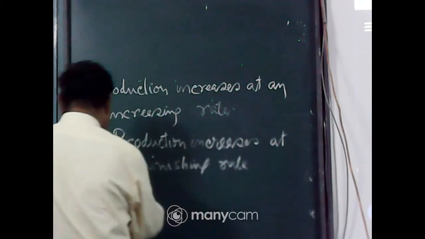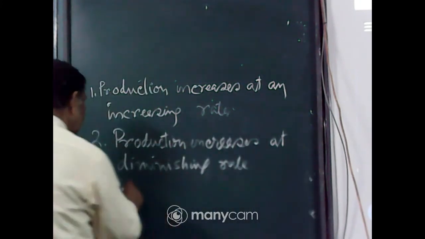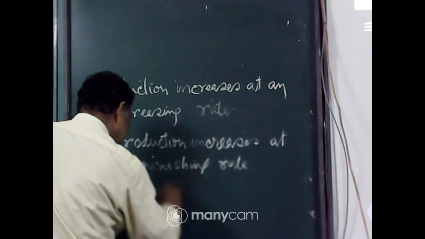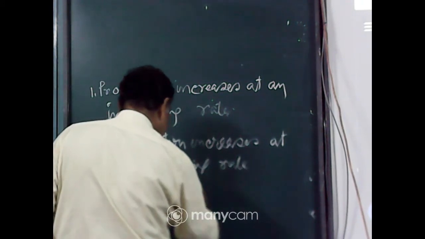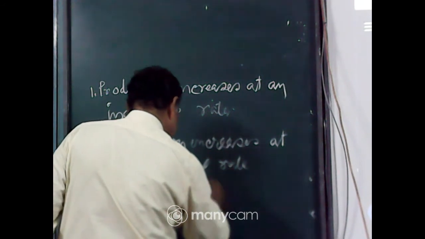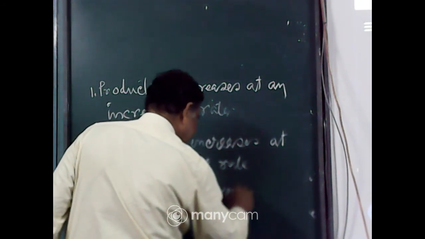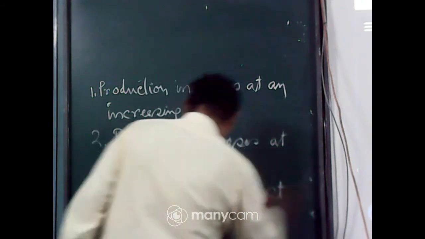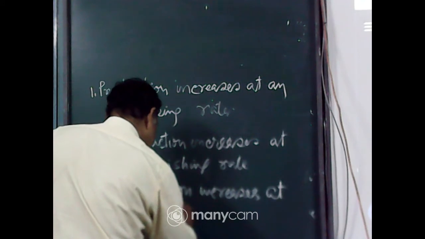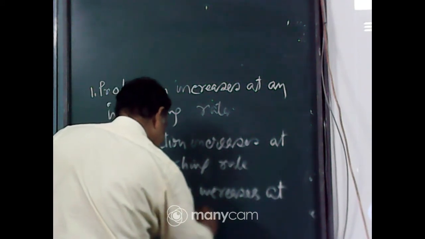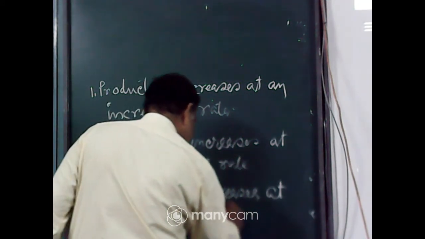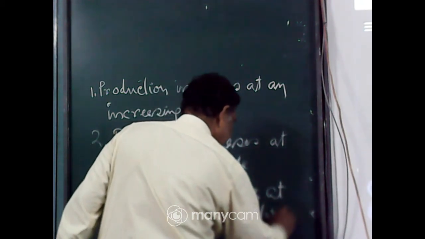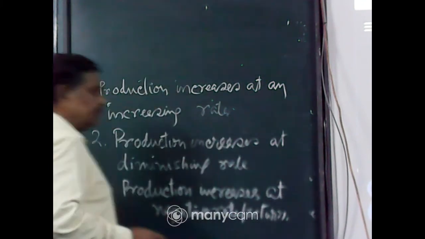And third, production increases at negative rate or return. Why does this happen?